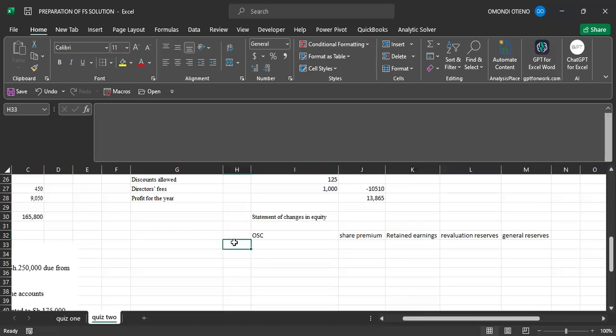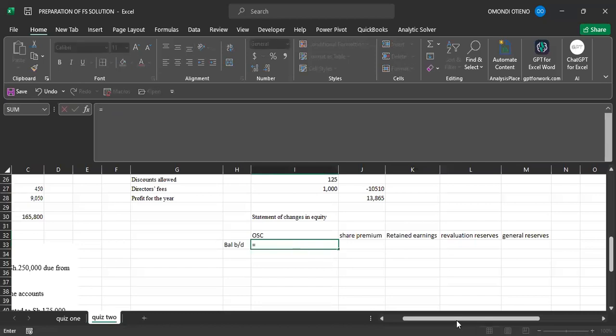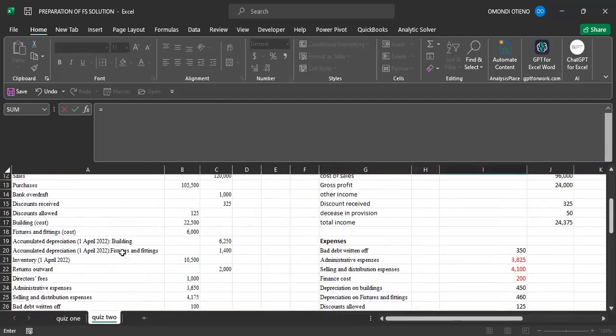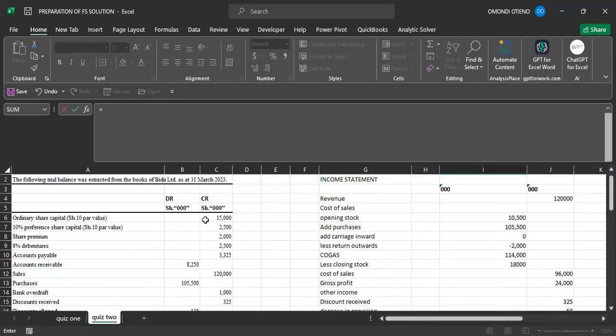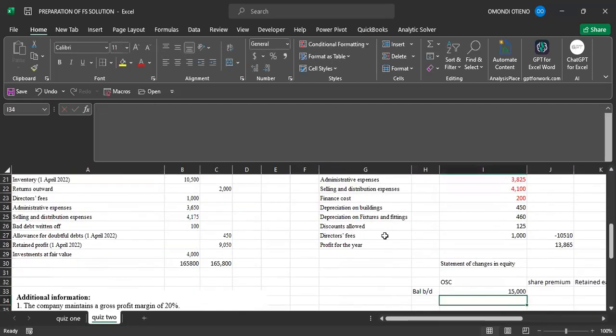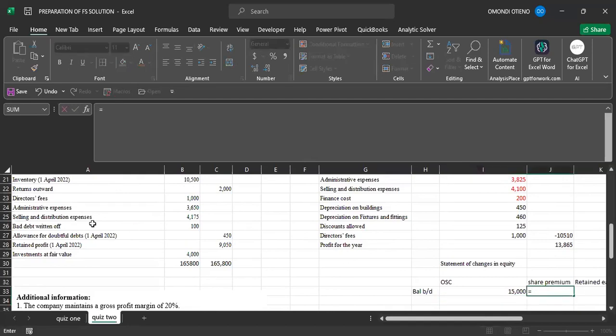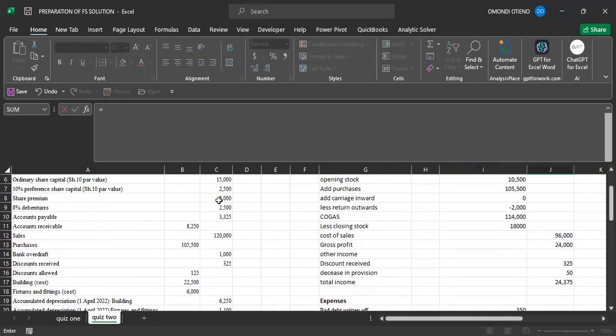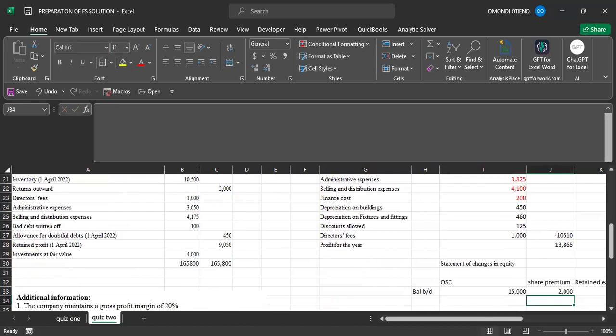Good. Now we come and list all of them here. So we have ordinary share capital. Do we have balance brought down for the ordinary share capital? Yes. Share premium? Yes.